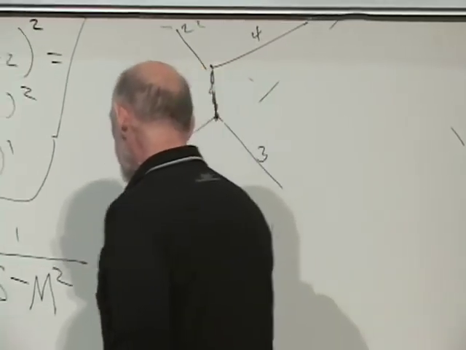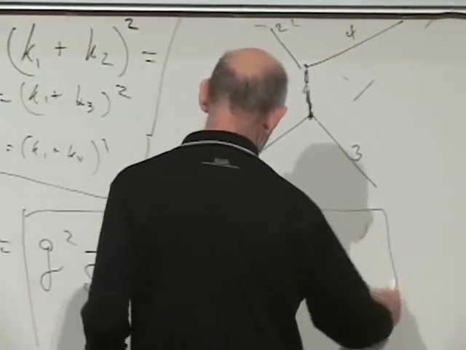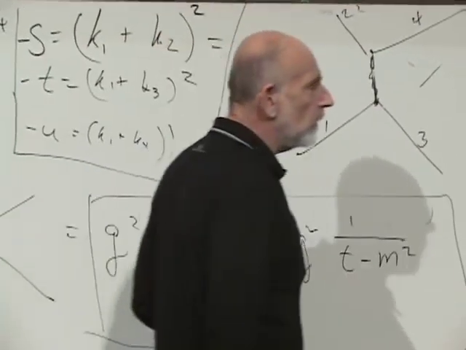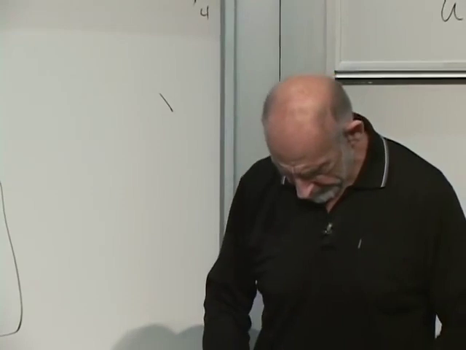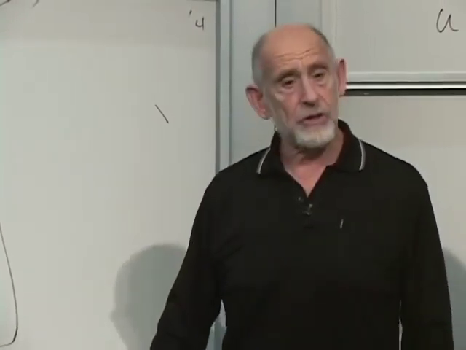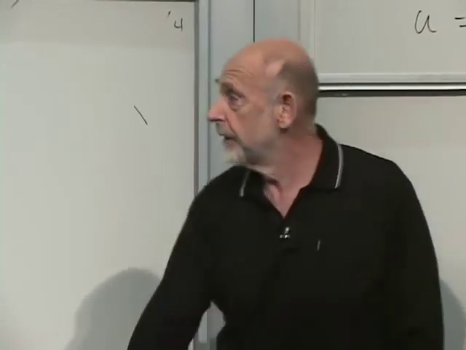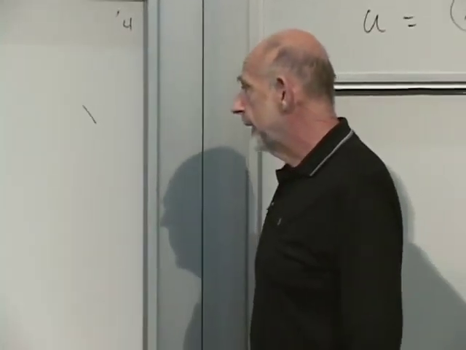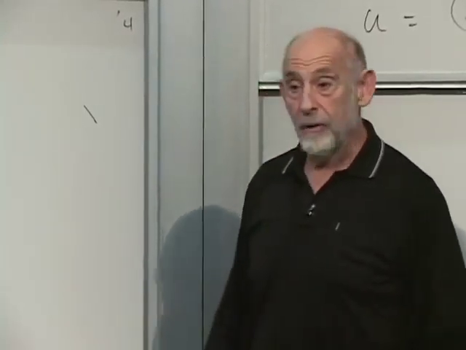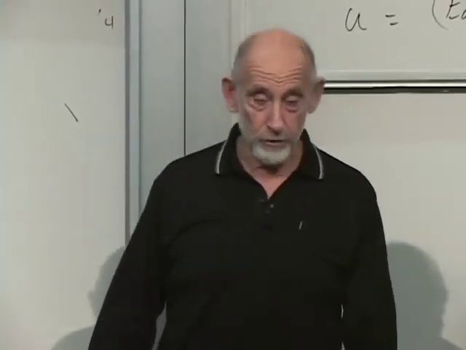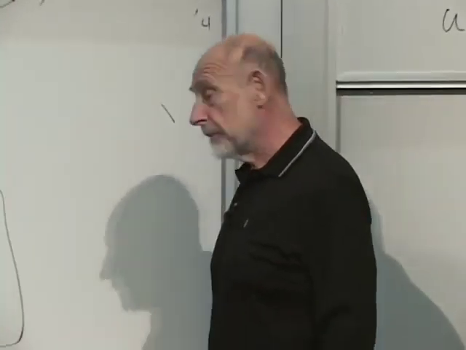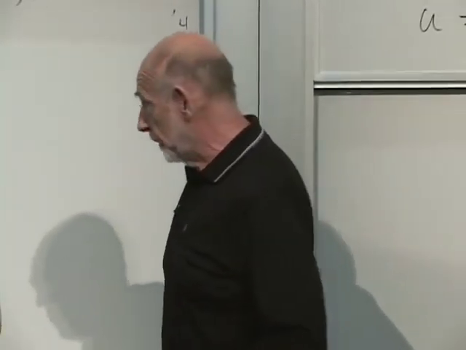Okay. But I want to focus on this here. This does not describe the scattering of mesons, for example, very well. It gives a poor description of the scattering of mesons, and the reason is simple.